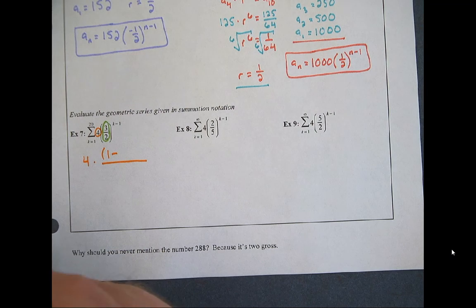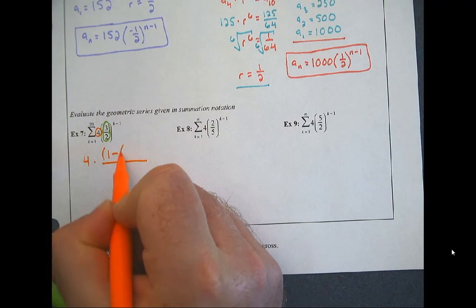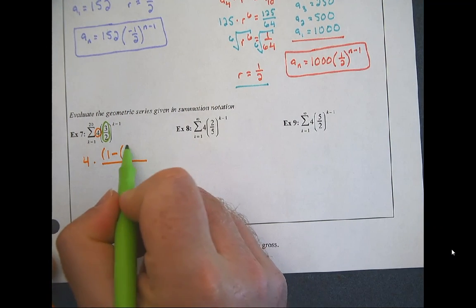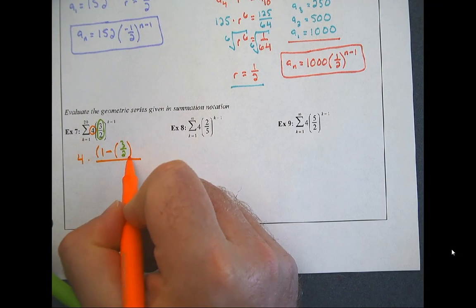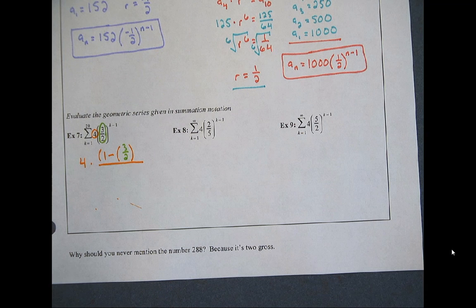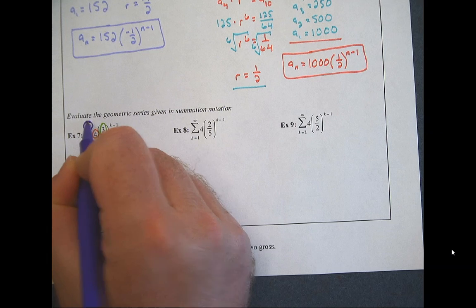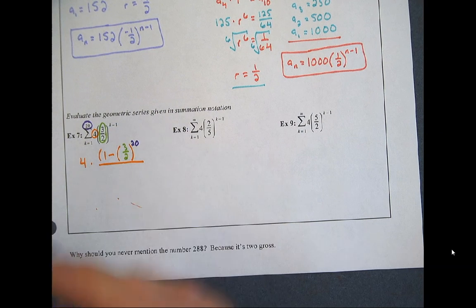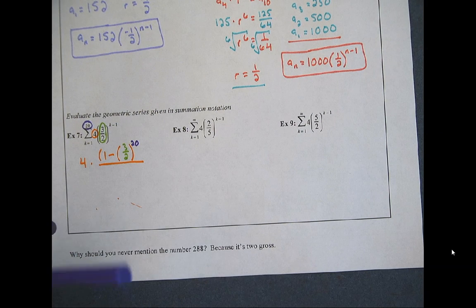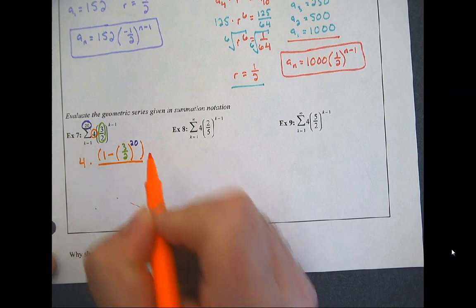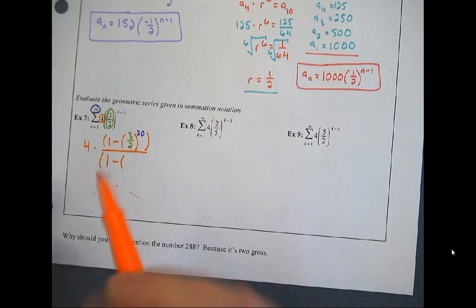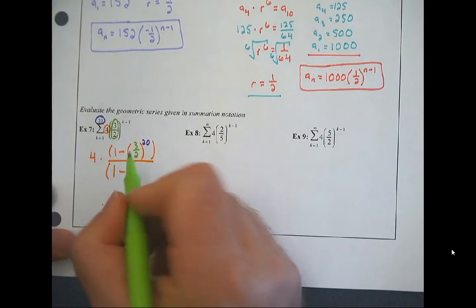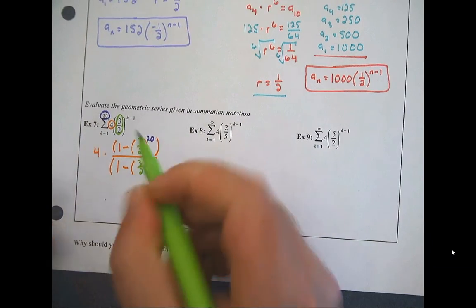So my ratio is 3/2, close it to the power of n. For us, n is 20, so I'm going to put a 20 up here. Over 1 minus r again. R is 3/2.